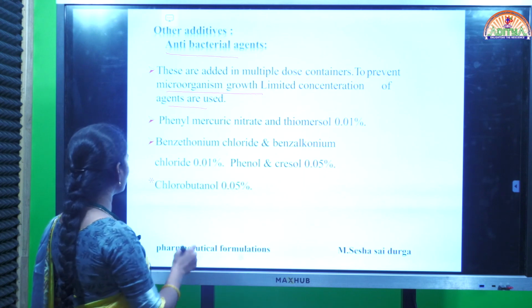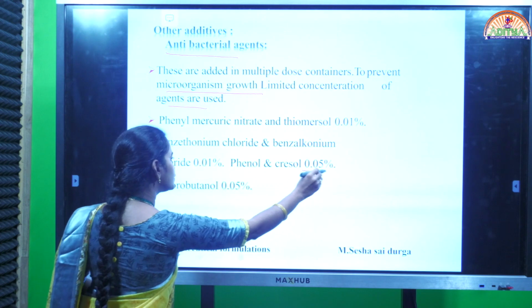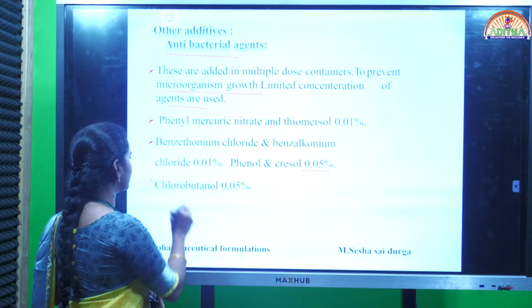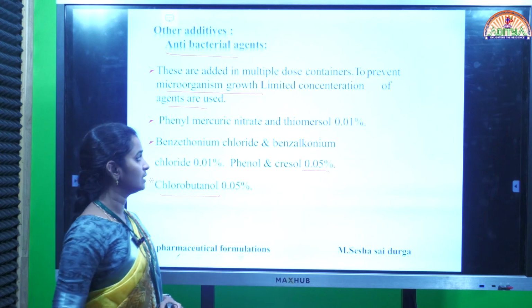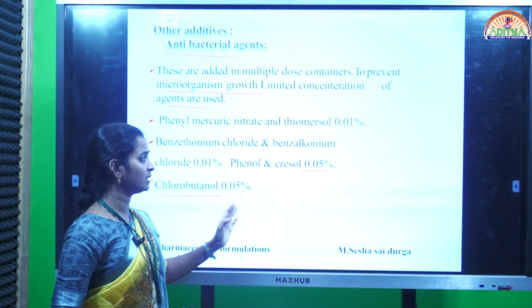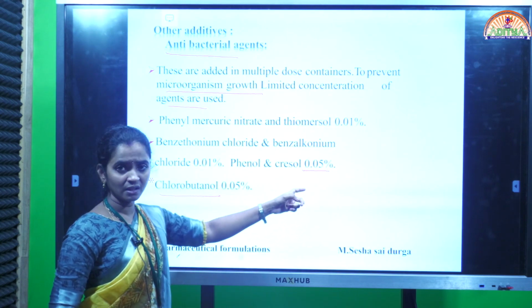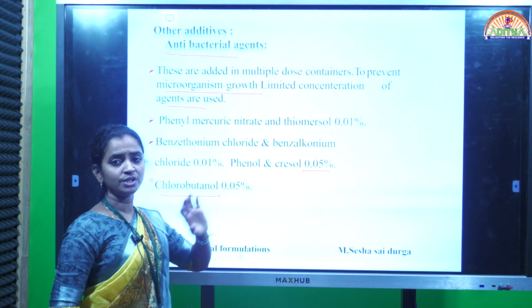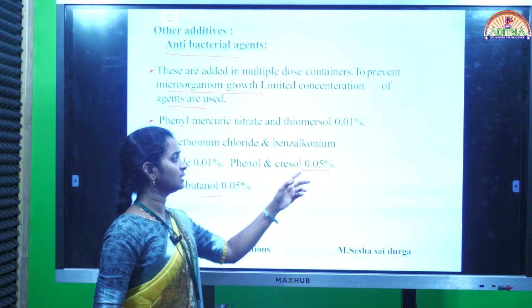And also we can use phenol and cresol, that is within the range of 0.05%, and chlorobutanol in the percentage of 0.05%. Actually here some examples are given along with their percentages. What is the meaning of percentage here? Within that range only we should add it into the formulation. Should not cross over this range.